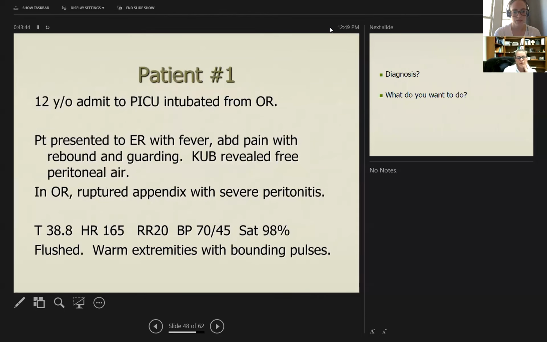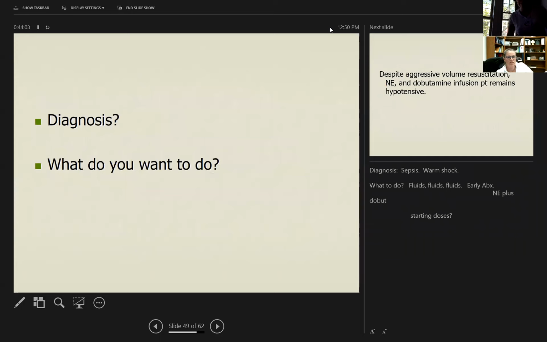On arrival to the PICU, the child is 38.8, heart rate is 165, respiratory rate is 20 on the ventilator, blood pressure 70 on 45, but satting 98%. Child is flushed with warm extremities and bounding pulses. What's our diagnosis?